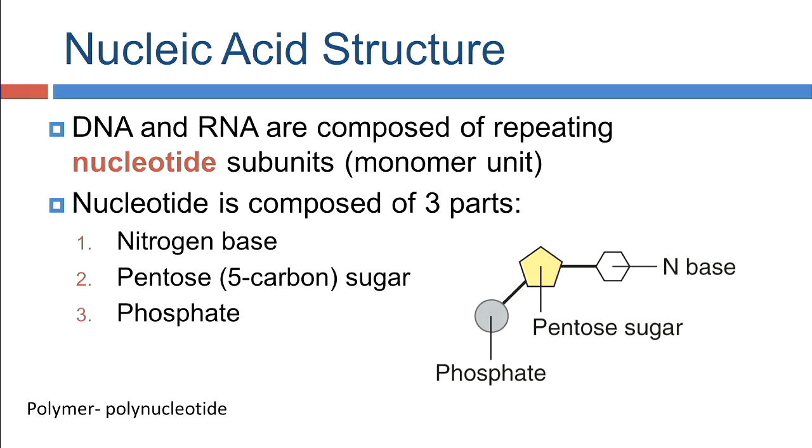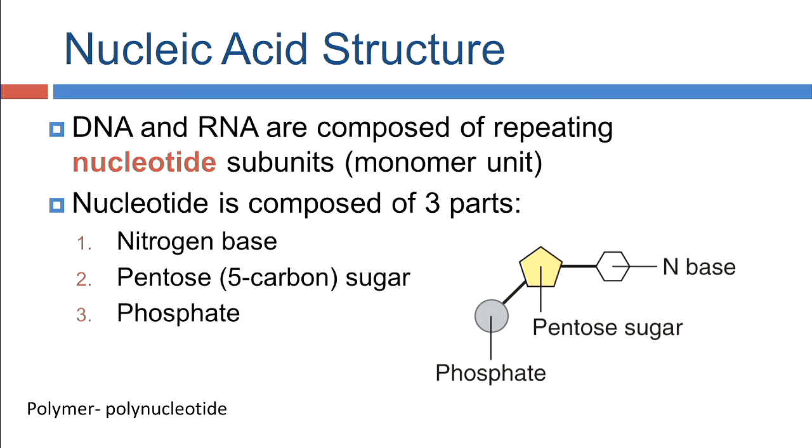I should have put that on there for you. I'll reload this right after class so that you have it updated. Your bond, from your dehydration reaction, is a phosphodiester bond. That's what attaches these nucleotides.